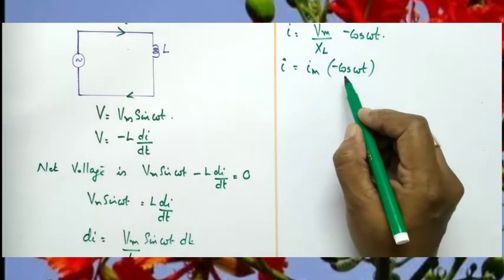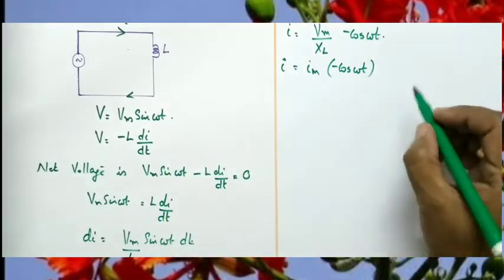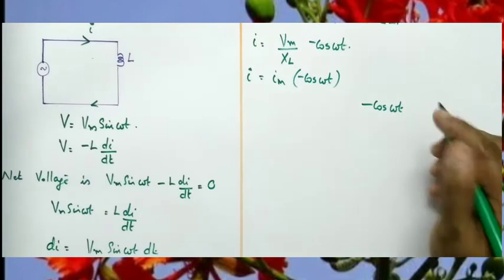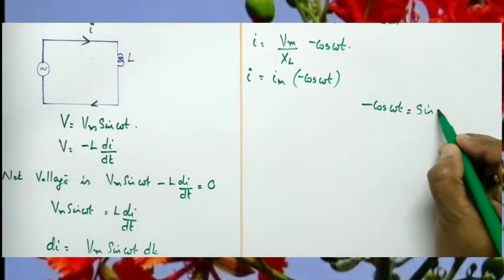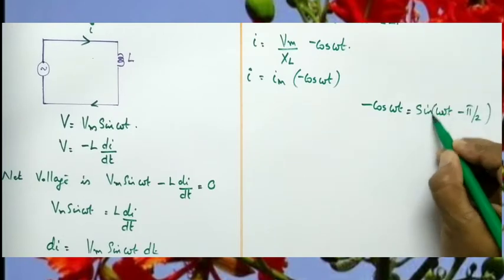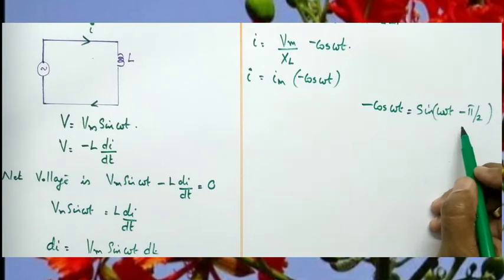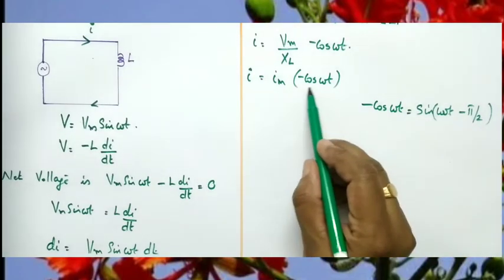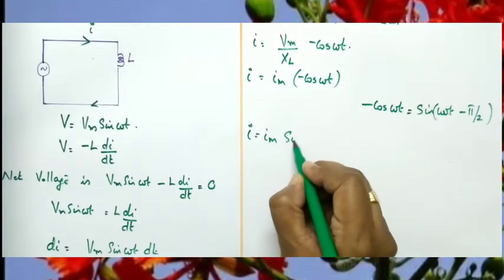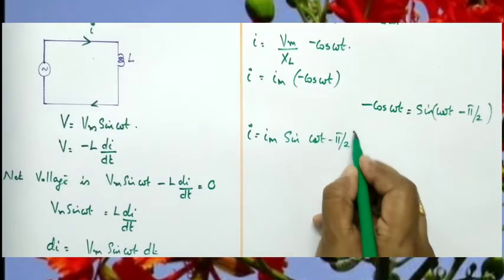Therefore we can convert minus cos omega t into a sine function. Minus cos theta is equal to sine theta minus pi by 2, that is 90 degrees. So substituting, I can be written as I equal to Im sin omega t minus pi by 2.